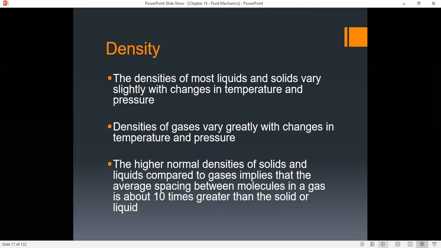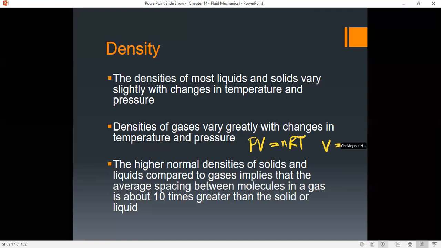In fact, later on in the semester, we're going to talk about the ideal gas equation, which says PV equals nRT. It relates the volume that a gas will occupy based on the pressure and the temperature. We can rewrite this.